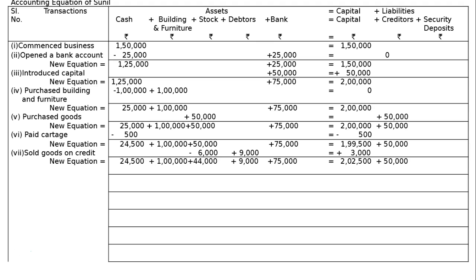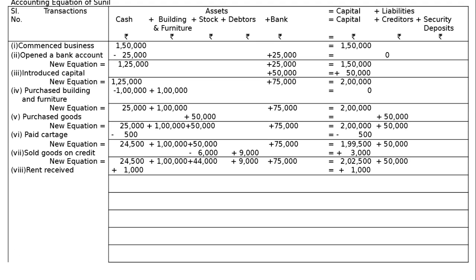Then new equation. Eighth one, received rent from tenant, income generated and received, that is cash and capital add. Rent received, income received, it will be added to capital and added to cash. Then new equation. Then received security deposit from tenant. We are receiving security deposit for our house given on rent to a tenant.